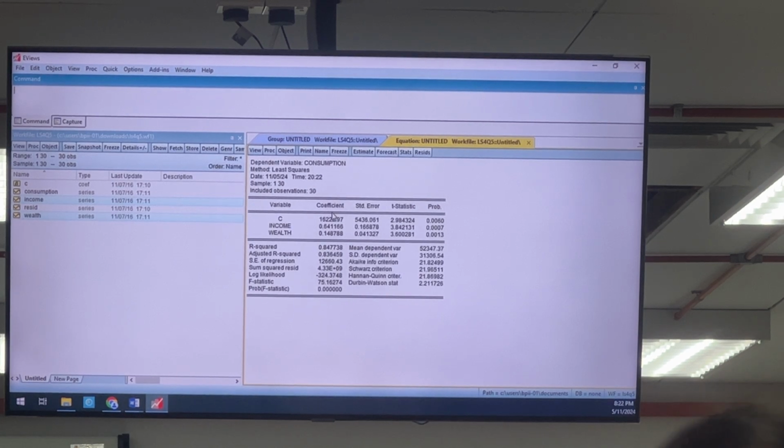Just like we discussed before, income is supposed to be positively related to consumption, and wealth also positively. After we estimate, we get the correct signs for both.